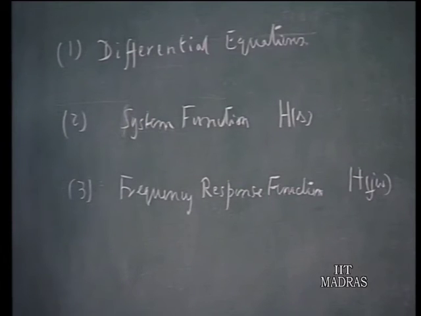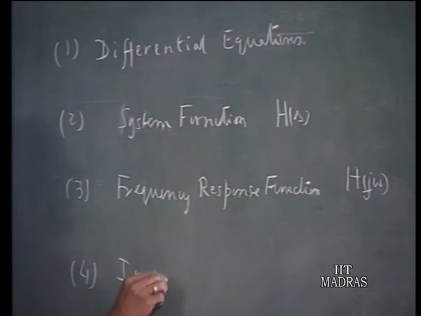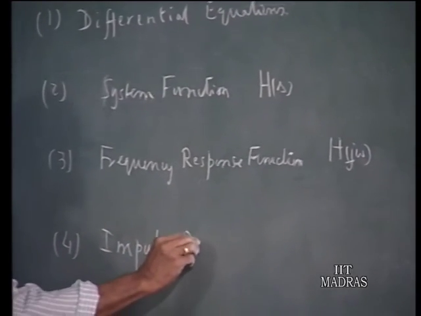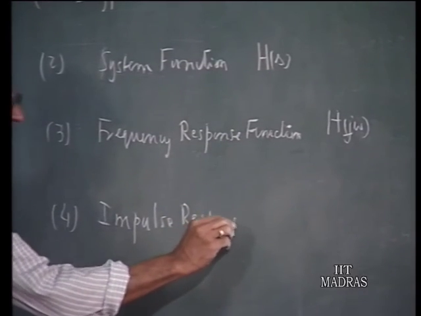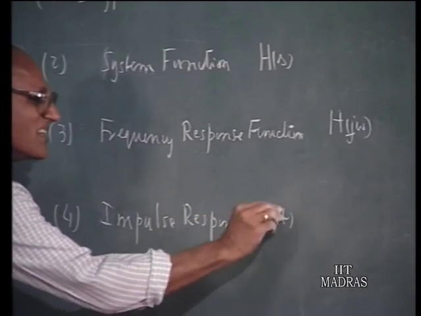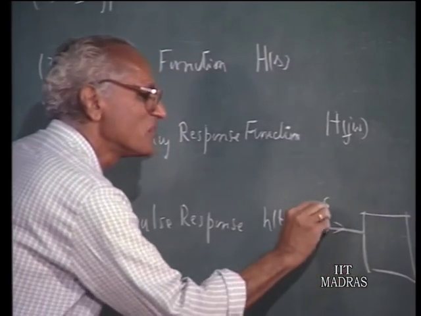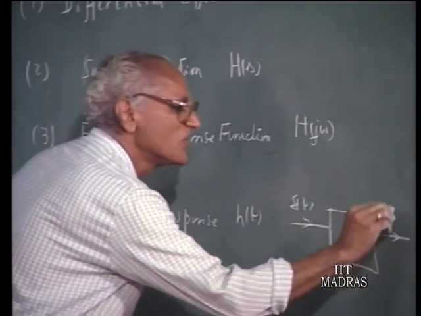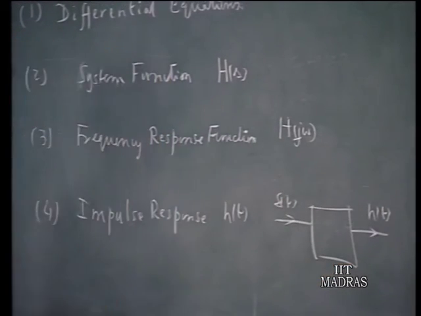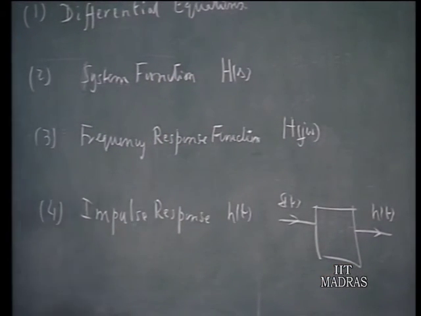There is also a fourth way of describing the system response. This is called the impulse response. So, if you give an impulse to a system, the input is an impulse, the output we call the impulse response, unit impulse, this is h of t. This is an independent way of characterizing a system. All are equivalent.